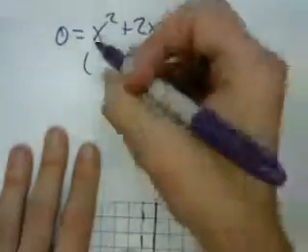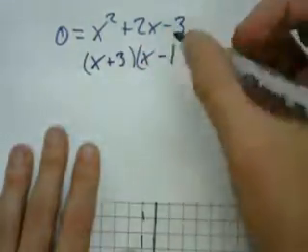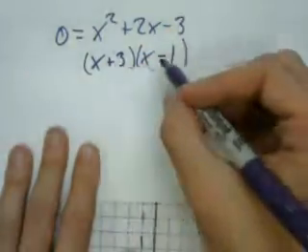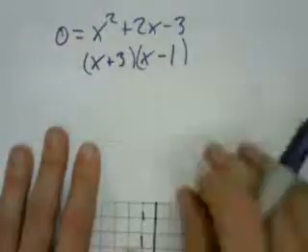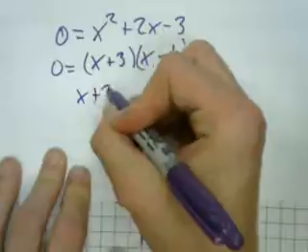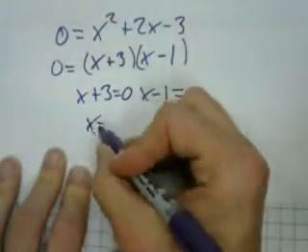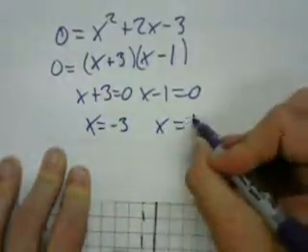So x squared plus 2x minus 3 factors as x plus 3 and x minus 1, because 3 times negative 1 is negative 3, and 3 plus negative 1 is 2. That is equal to 0. I set each part equal to 0 and solve, and that's going to be x equals negative 3, x equals 1.